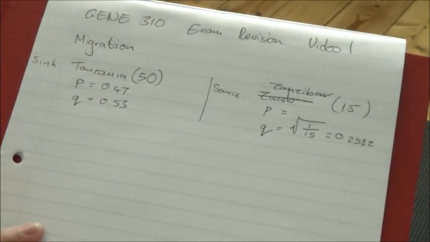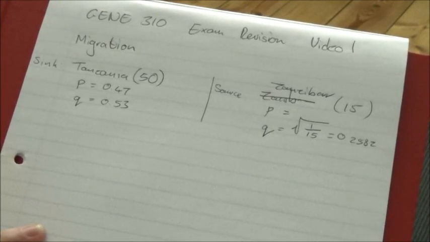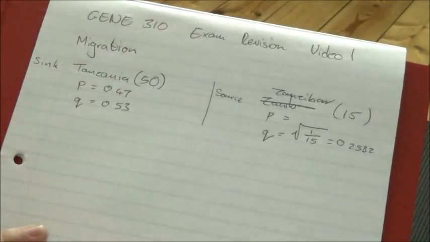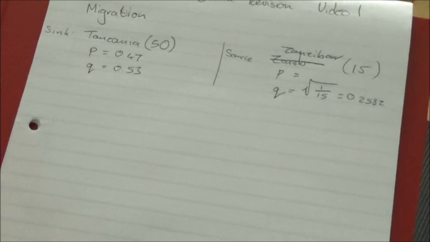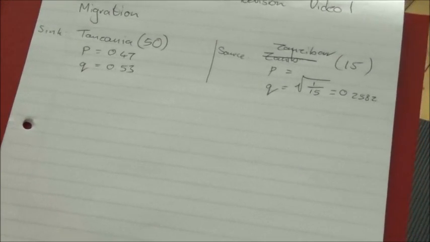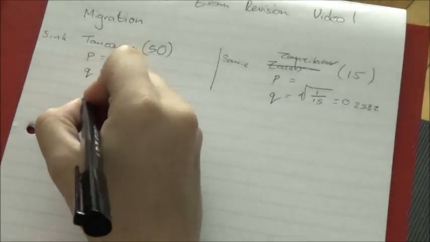Okay, right. Then we need to break down what happens after our migration event. The way you were taught in class was too fiddly, there were too many parts to it. But here I have an easier way for you to do this, and it uses a formula which you've all seen before.